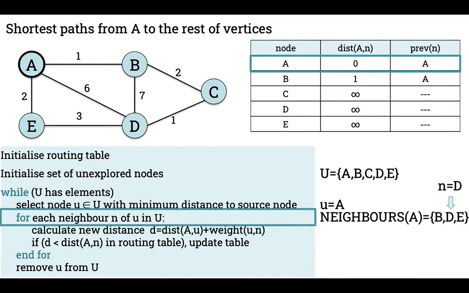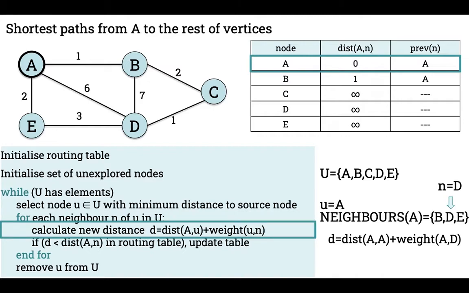We move now to process node D. We calculate the distance from the source node A to the node D by using the route that passes through A. That is, the direct link between A and D. This distance is equal to 6.